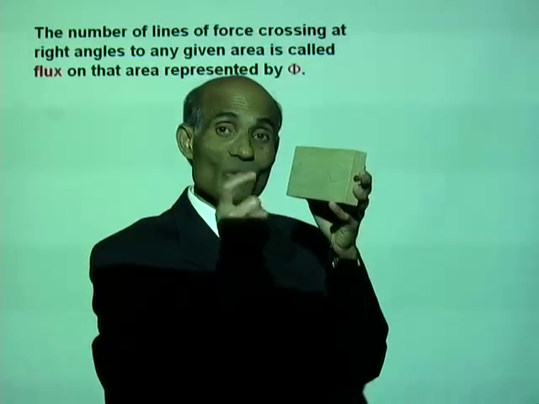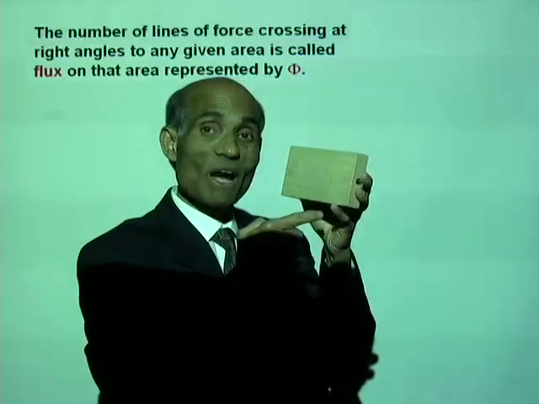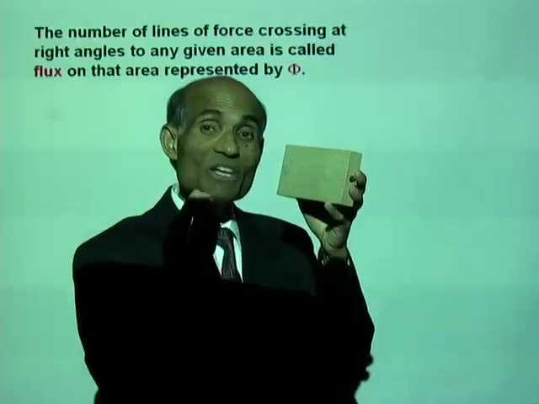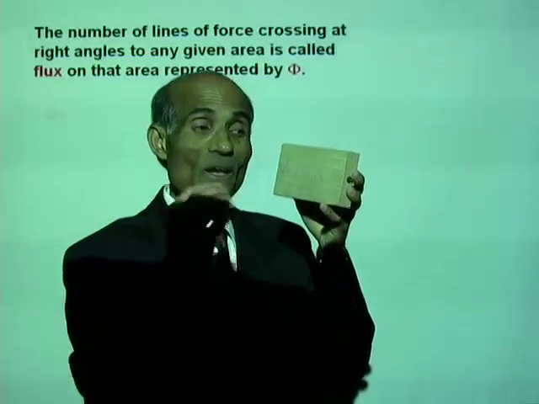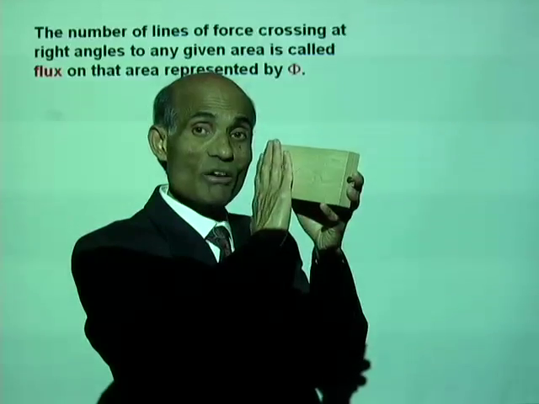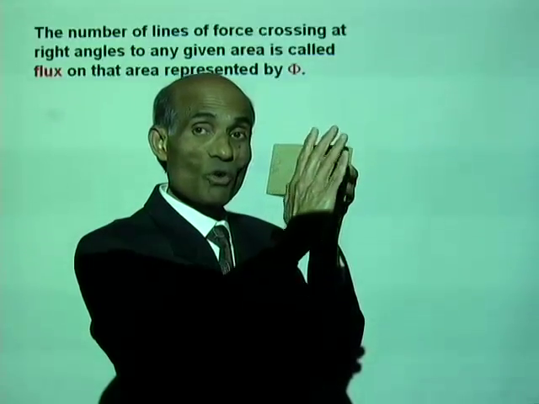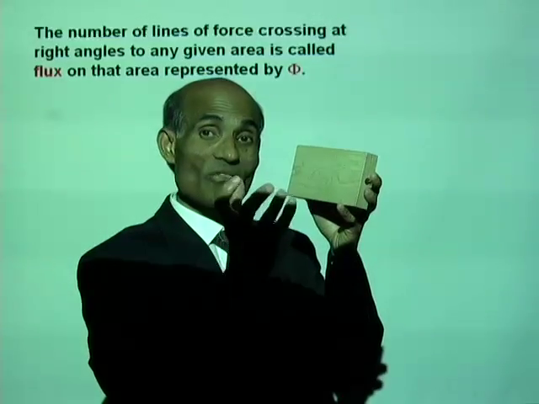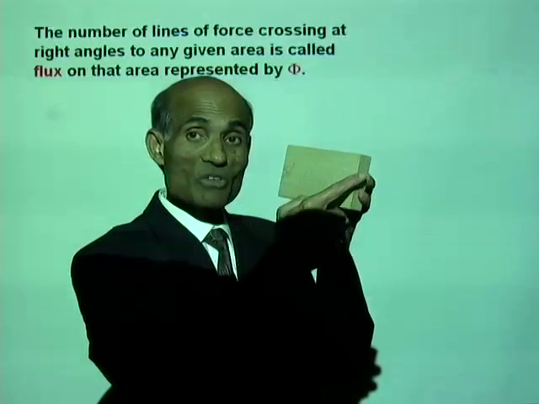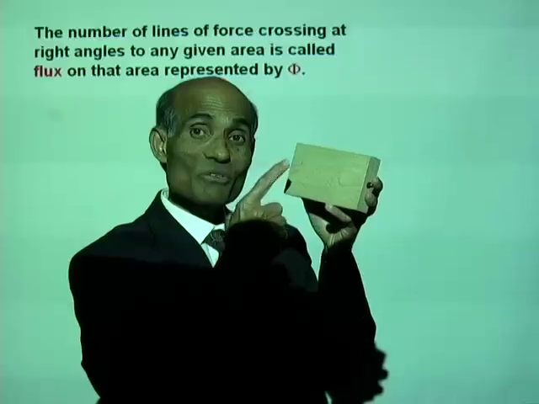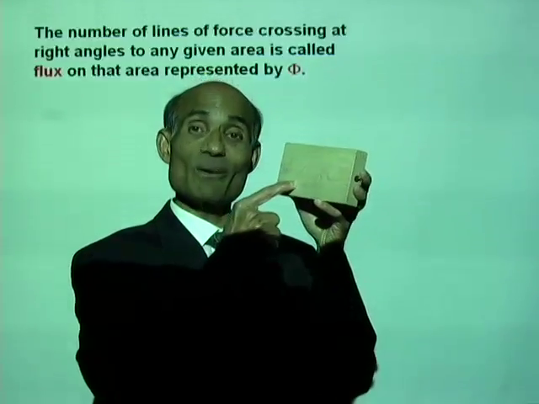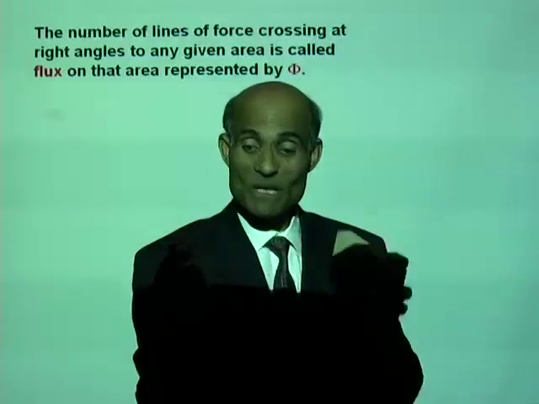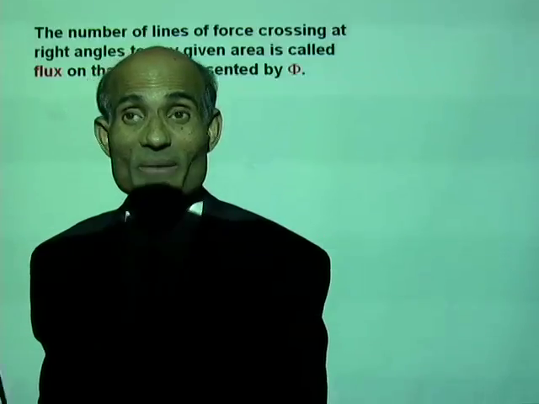And so we can use the concept of flux to define intensity of electric field. A flux is a measure of the total number of lines of force crossing the entire area. If you divide that flux by this area, I will get the flux per unit area, and that will be a measure of the electric field.